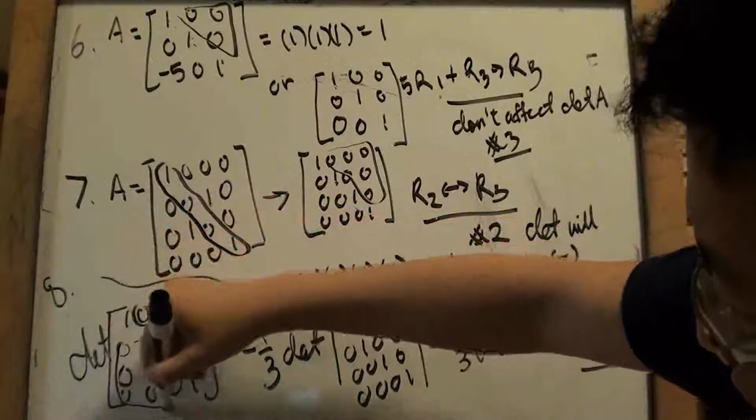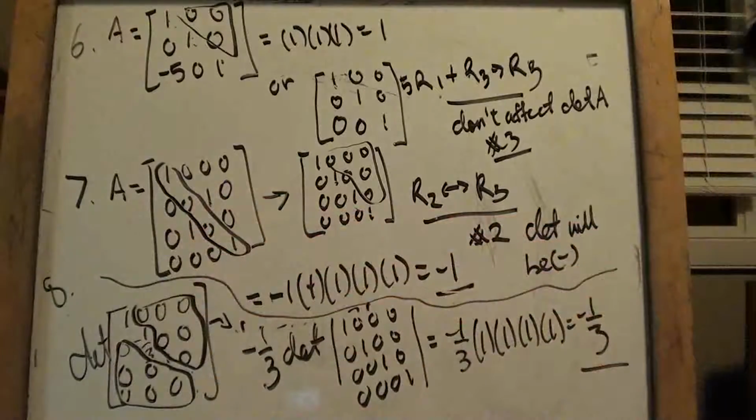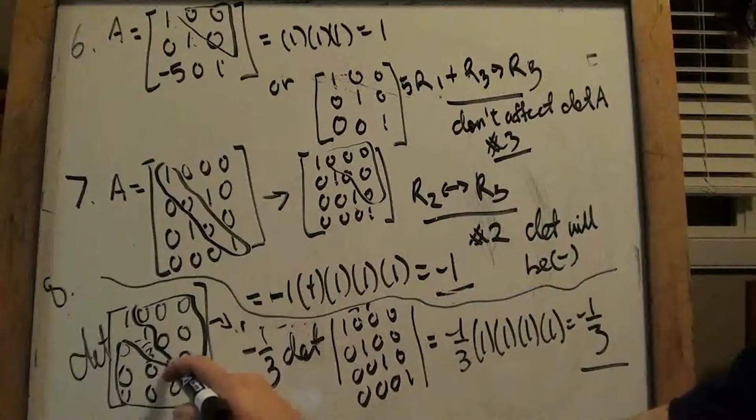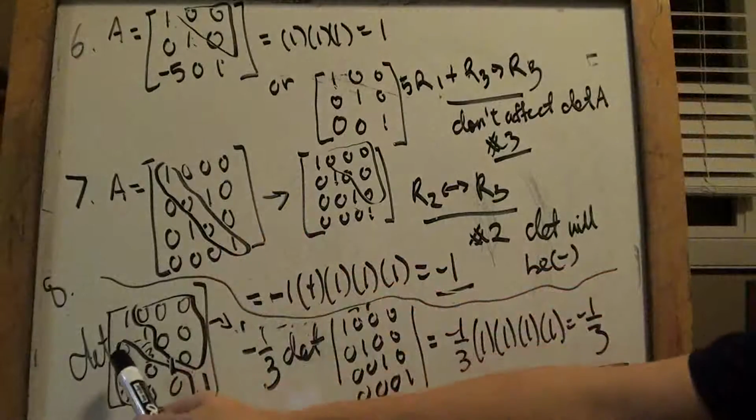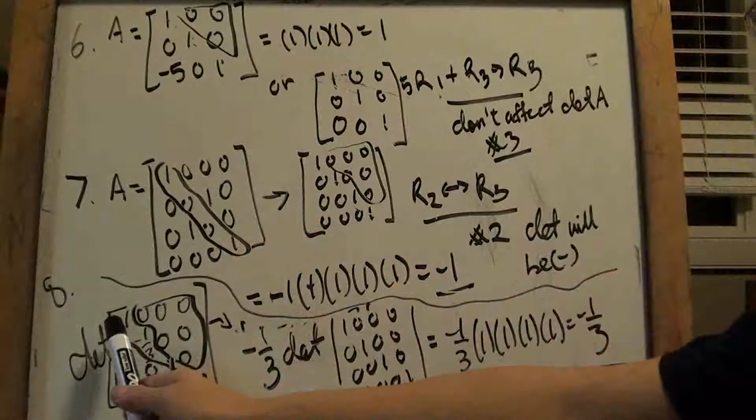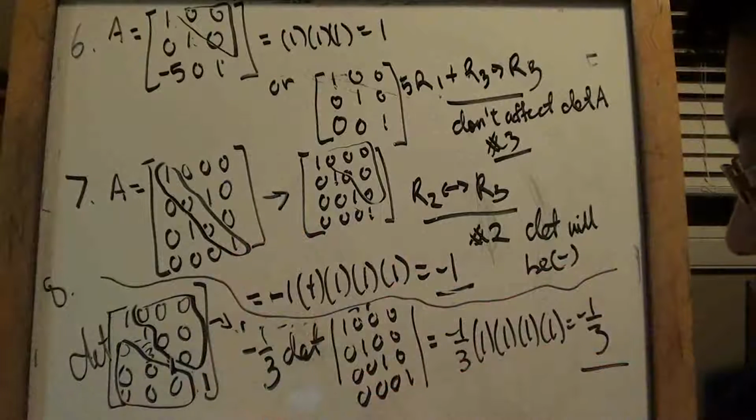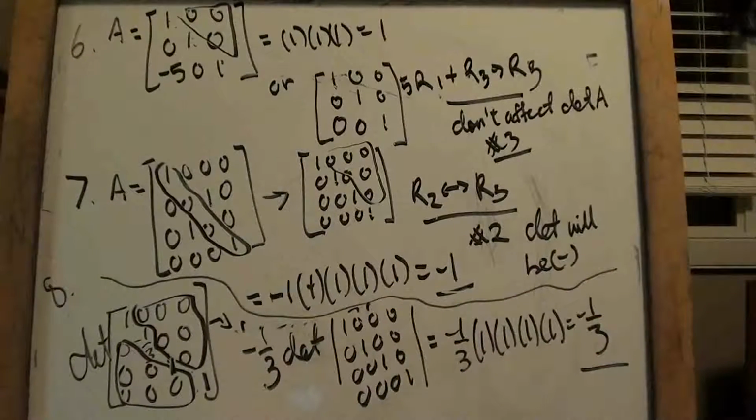We also have lower triangle. So because of that, I could just go right away and say 1, negative 3, 1, and 1. And that would give me negative 3.